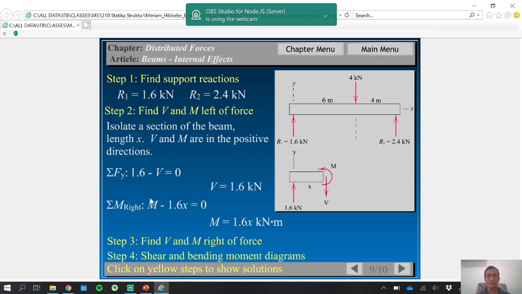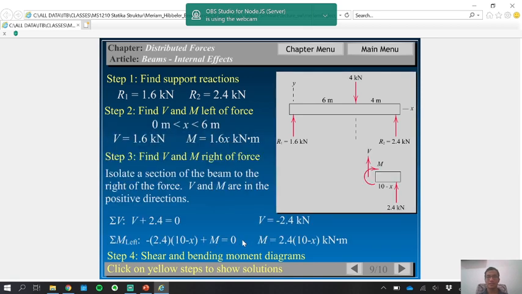Then for the moment, using sigma moment at the right side, we get this equation. Counterclockwise is positive, so M minus 1.6 multiplied by x equals 0. Then our moment is 1.6x kilonewton meter, like this.